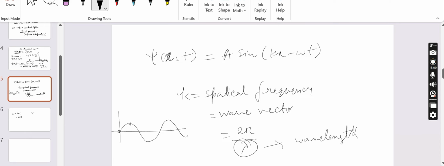So from this to this is one wavelength. Similarly, this red point and this red point will be one wavelength apart, and they have the same phase. So after each wavelength, the phase repeats.